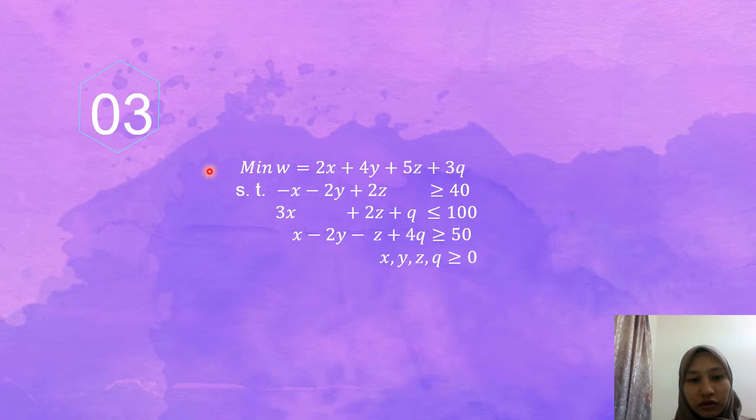The second constraint, 3x plus 2z plus q less than or equal to 100. And the third constraint is x minus 2y minus z plus 4q greater than or equal to 50. And lastly, here is our sign restriction, which is x, y, z, and q must be greater than or equal to 0.